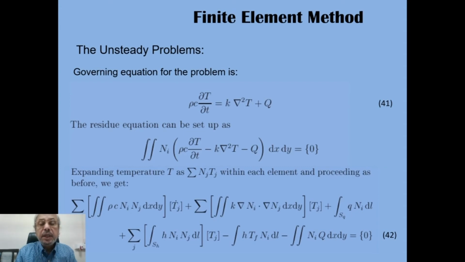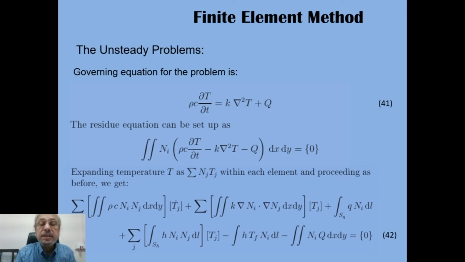Now, if we make the problem a little more involved, an unsteady state problem, we can write down the governing equation as rho c del temperature del time equal to k del square T plus q, and then again integrate it over the entire domain with the help of shape functions.